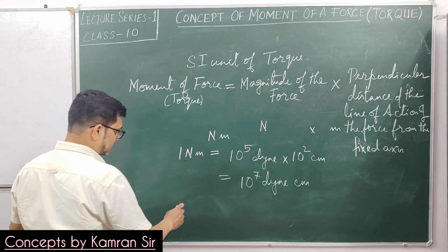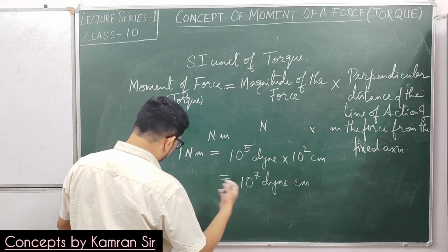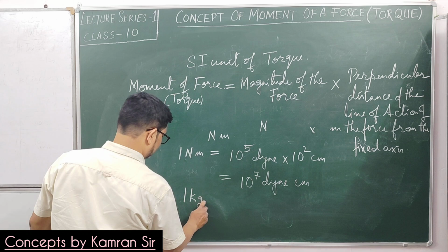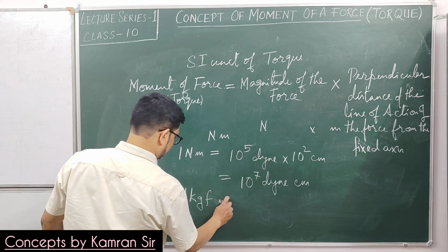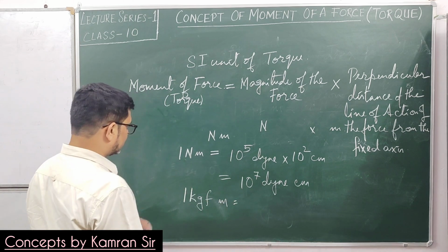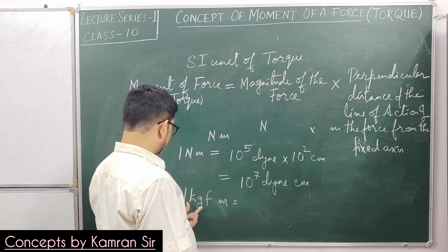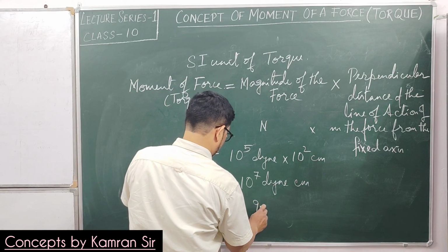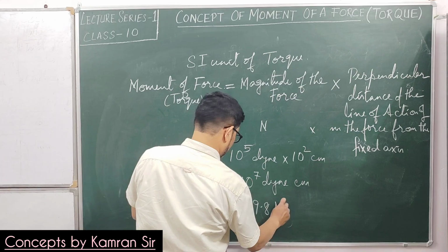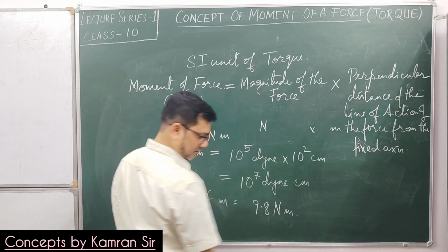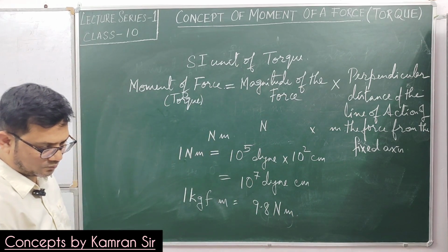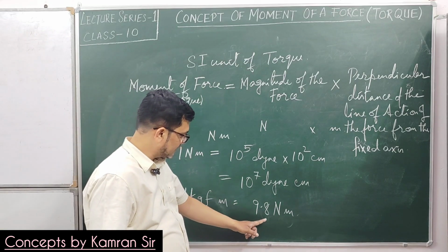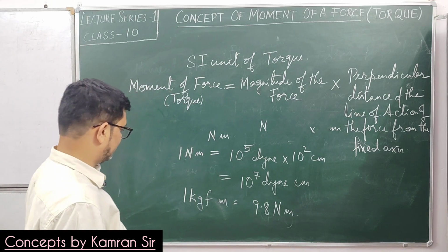You can also express it in terms of gravitational unit, that is 1 kilogram force meter. We know 1 kgf is equal to 9.8 Newton, so 1 kgf meter could be written as 9.8 Newton meter.